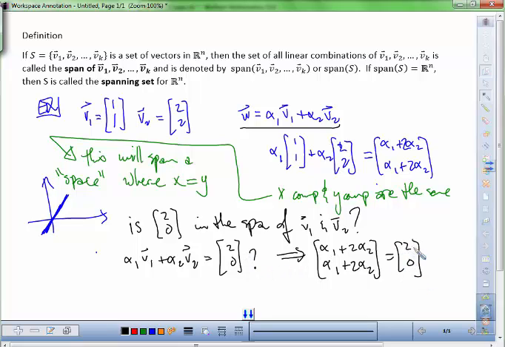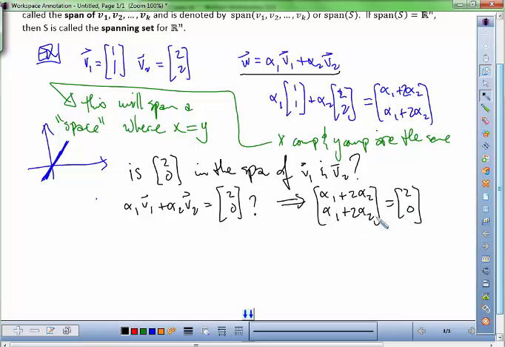So I have a system of linear equations. If I take the matrix stuff out and then set the top equation equal to 2, set the bottom equation equal to 0, I have a system of linear equations. 1, 2, 2, 1, 2, 0, augmented.